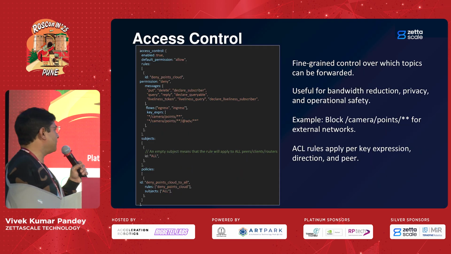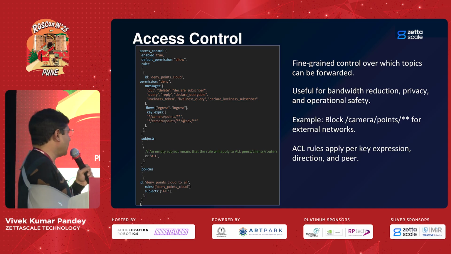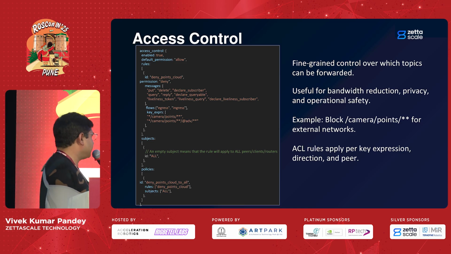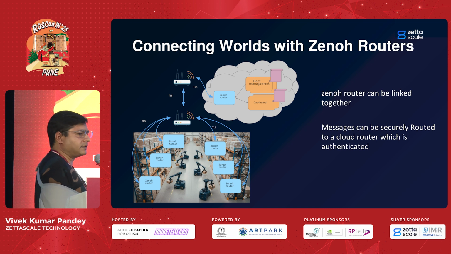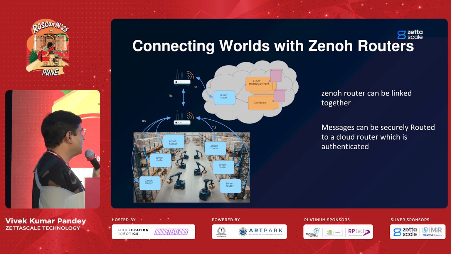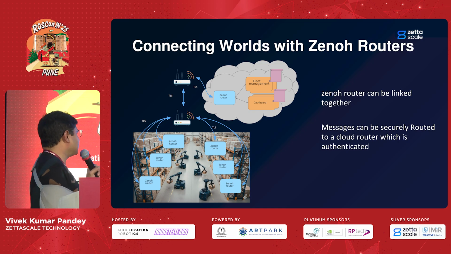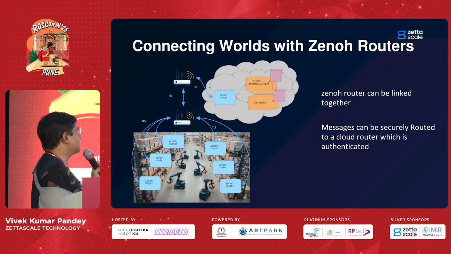You can define access control, so you can let your router allow or deny data forwarding or incoming data. Here you can see we have different routers running on the factory floor, and another router running on the cloud, and we configure transport layer security. By using that, you can connect the world.